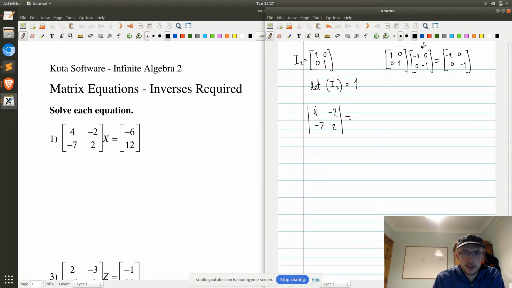And the determinant is 8. Take away 14, which is minus 6. So it's 1 over minus 6, so it's negative a sixth.